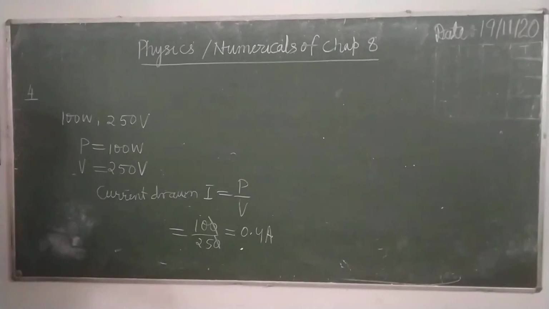Suppose it has been asked in the question how much current will be drawn if the supply voltage is 200 volt. Then we cannot use this formula. It's clear? Then what will you do? First you find out the R. And after determining R, you will find I equals V upon R. This is clear? So this you can do.